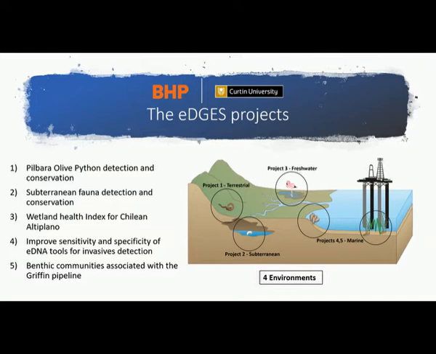There's a project on subterranean fauna detection and conservation. We have a project on the wetland systems of the Chilean Altiplano. We have project number 4, which is about improving sensitivity of eDNA tools for invasive species detection. And then we have a project on the benthic communities that are associated with the Griffin pipeline.